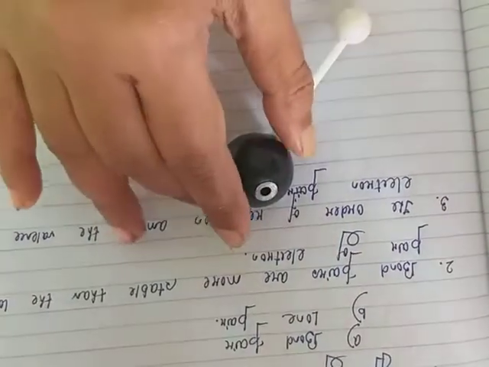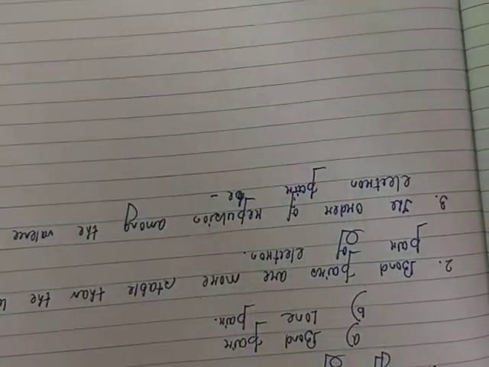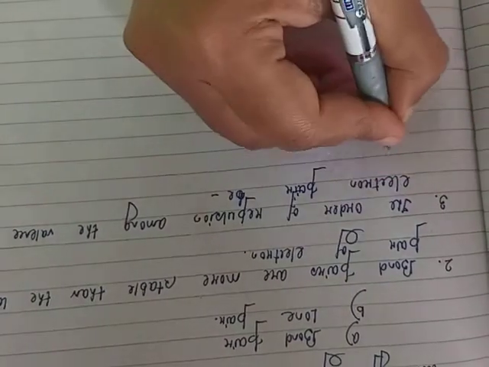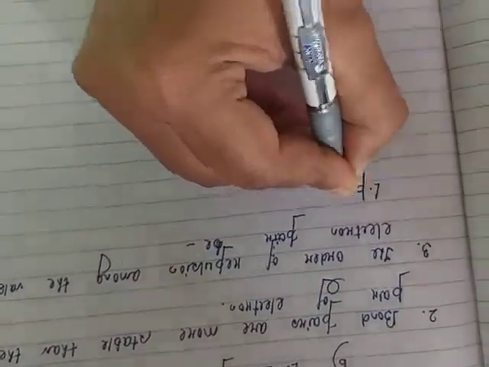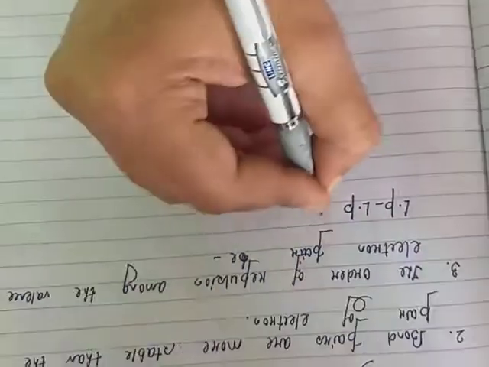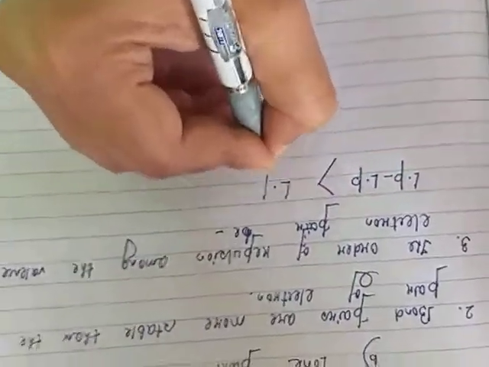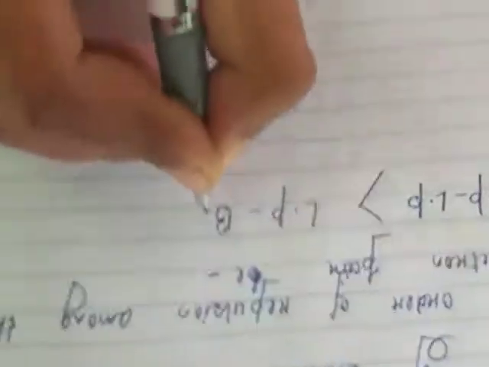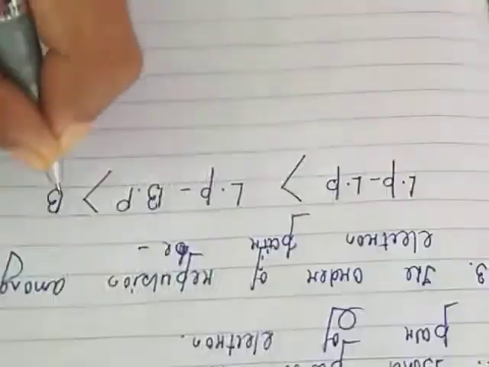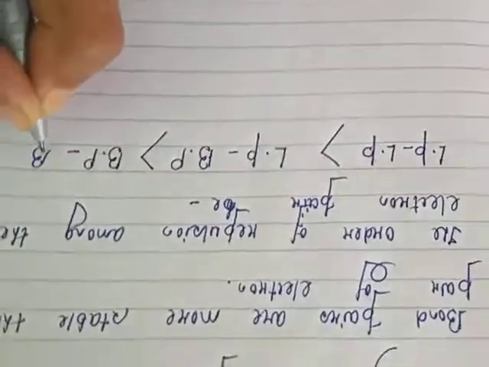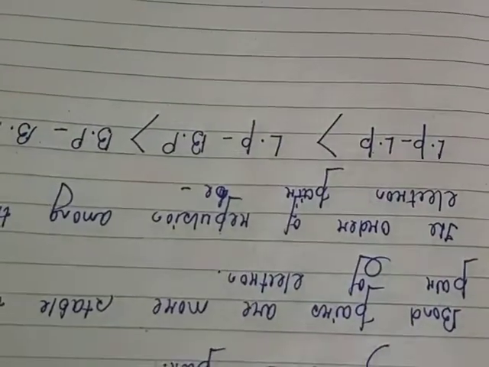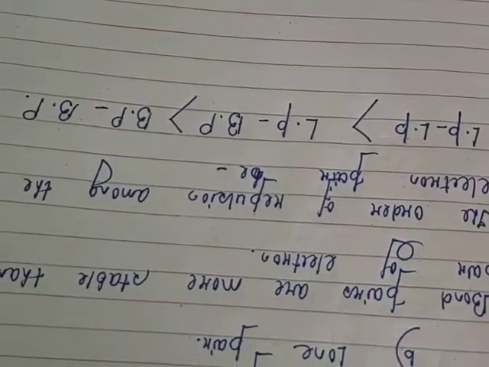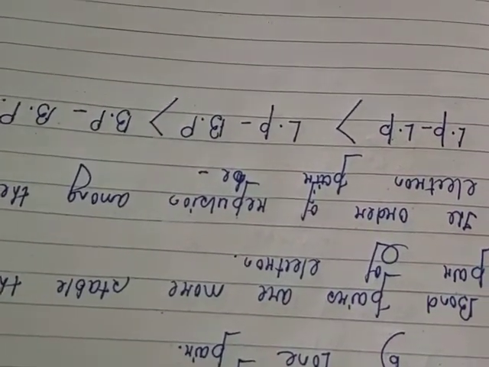It is evident that the order of repulsion is lone pair-lone pair repulsion maximum, followed by lone pair-bond pair repulsion, and then bond pair-bond pair repulsion. This is how valence shell electron pair repulsion is observed.